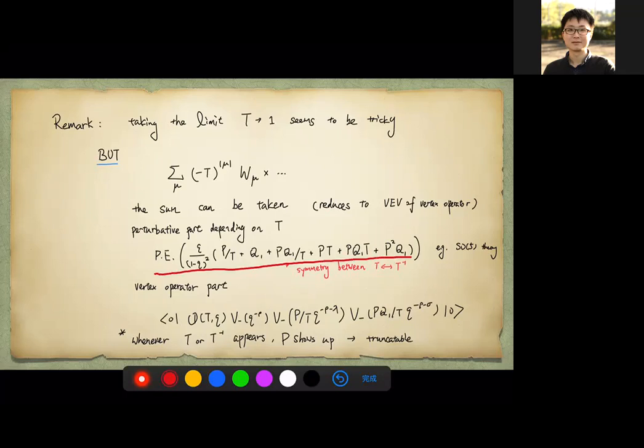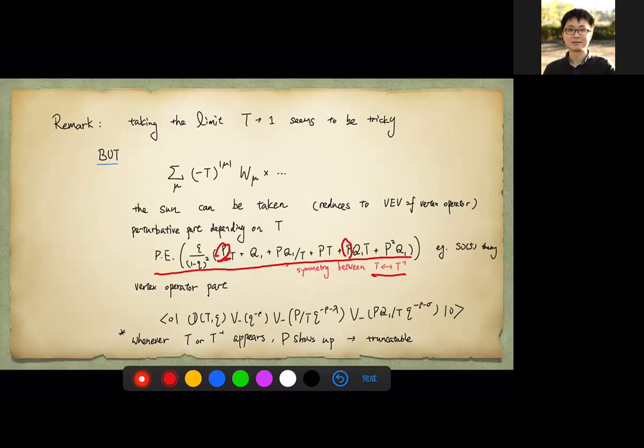It's symmetric between t and t inverse, and whenever t or t inverse appears, we have p. So if we expand over p, the power of t is suppressed by p. So we can always justify taking the limit of t goes to 1 when calculating a finite order in the expansion of p.